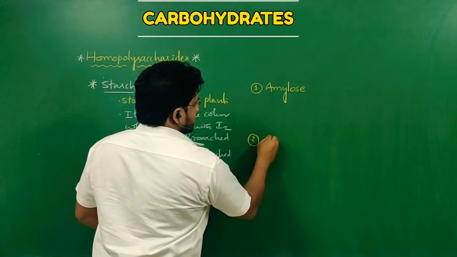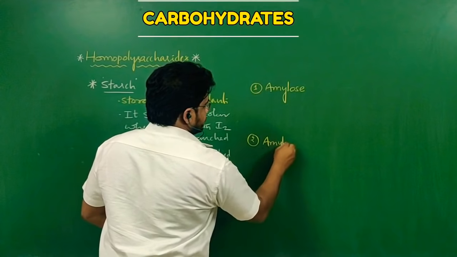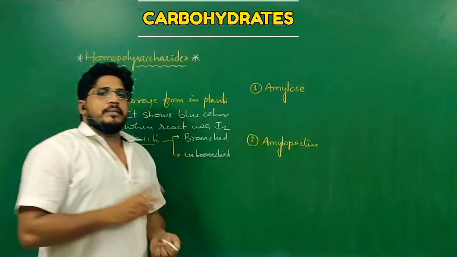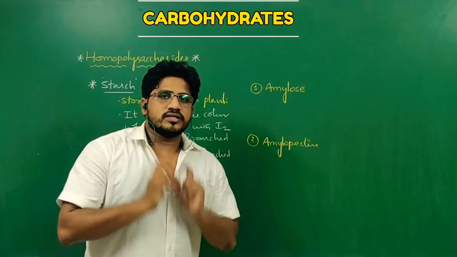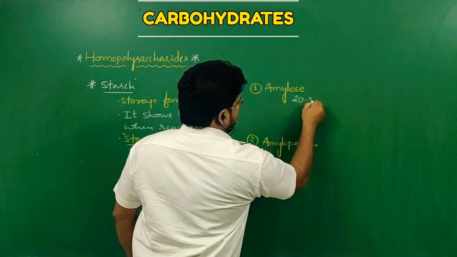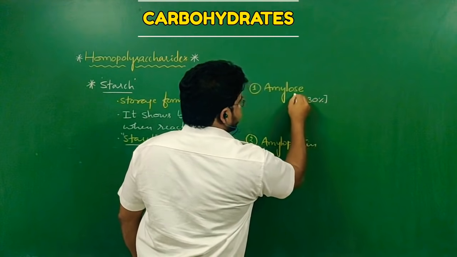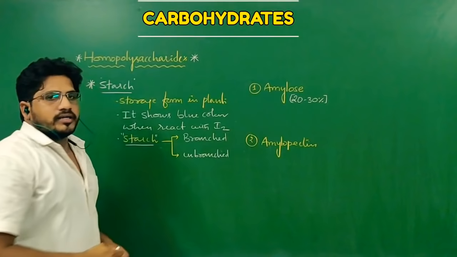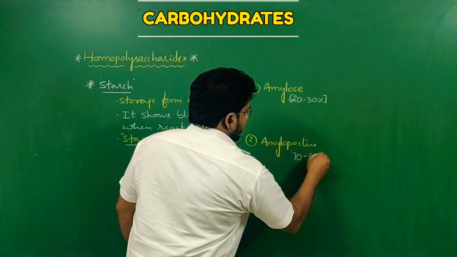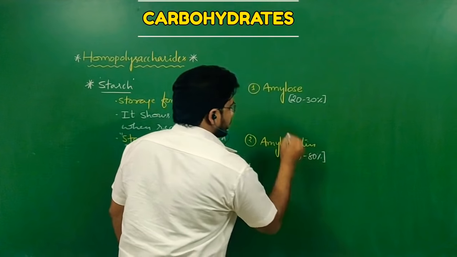The second form is amylopectin. Amylose and amylopectin both belong to starch, whereas amylose is 20 to 30% of starch in nature, and the most abundant starch is amylopectin, which is about 70 to 80% in nature.